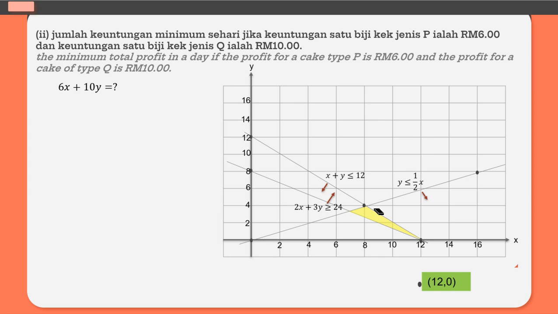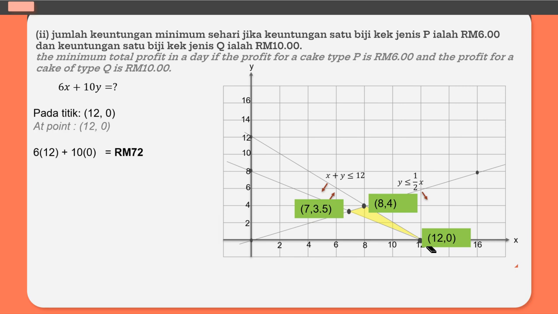Okay, and then this is the first point, on the border of the shaded region. This is the second point, then this is the third point. Alright, so at point (12, 0), we insert the value of x as 12 and the value of y as 0, and we get RM72. Then at (8, 4) we get RM88.